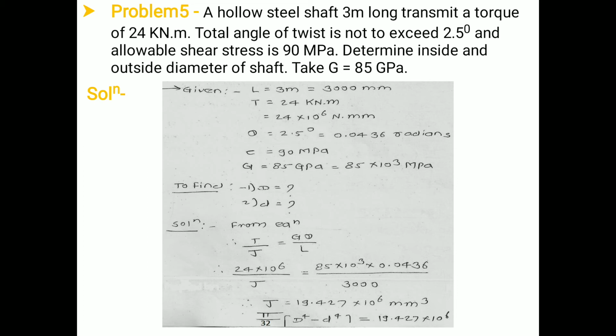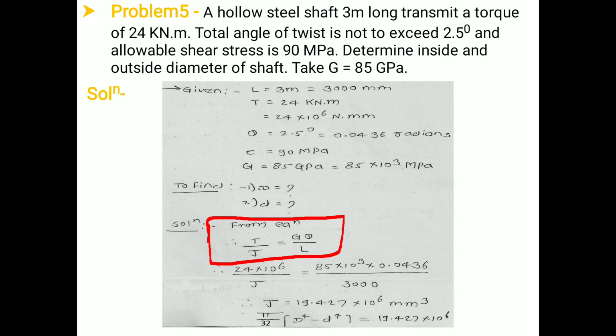So from equation of torsional formula we are going to use these two equations, T upon J which is equal to G theta upon L, because as per the given data we will use these two equations. Based on the data we are going to consider which two equations we have to consider. So value of T is 24 into 10 raised to 6.